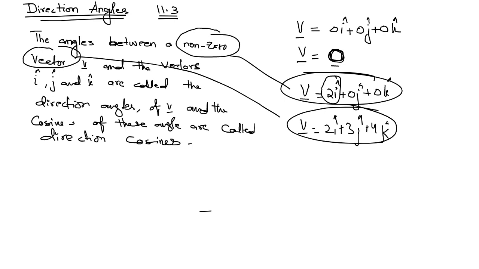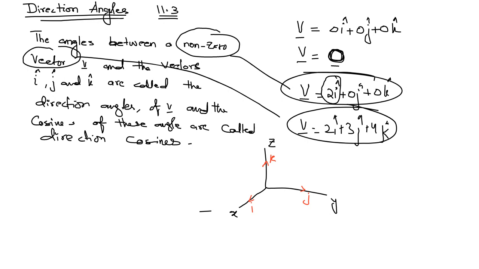Okay, now if you draw the axes, this is x, this is y, this is z, and you can represent i, j, k: this one is i, this one is j, this one is k.